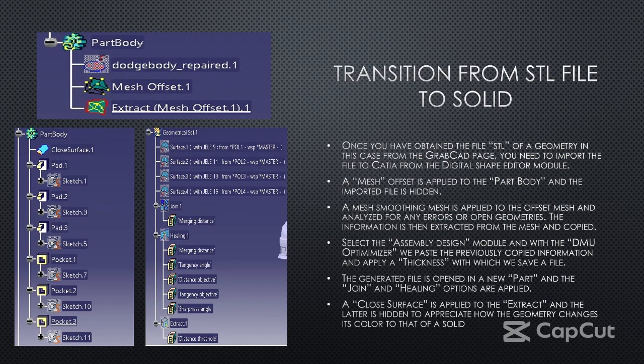This generated file is opened in a new part of the design module and the join and healing option is applied. A closed surface is applied to extract, and the skin is hidden to appreciate how the geometry changes its color to that of a solid.